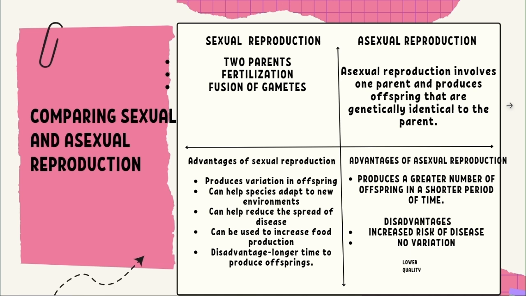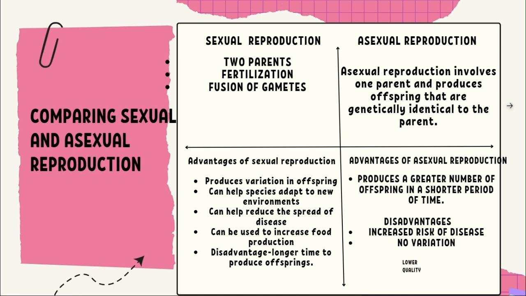In sexual reproduction, they produce offspring that have variation. And you might say, why does it even matter if there is variation or not? You probably wonder. But variation is very important for a species to survive, because variation helps.